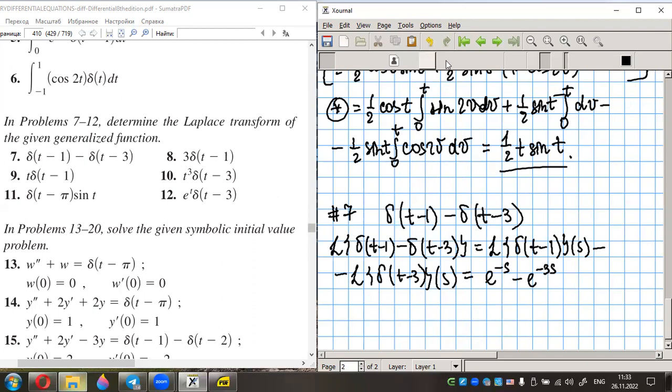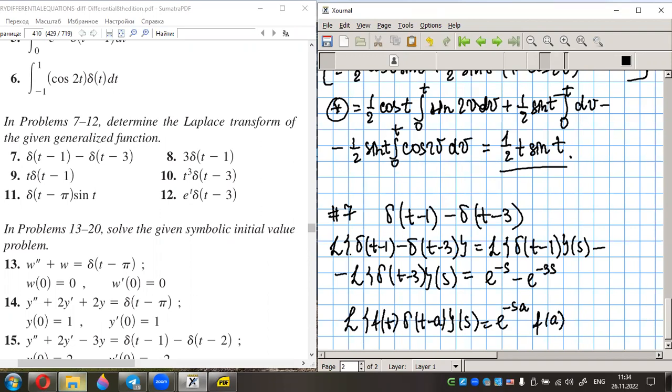Just e to the power minus s a. Here it is: the Laplace transform of f(t) delta(t minus a) at s equals e to the minus s a times f at a.